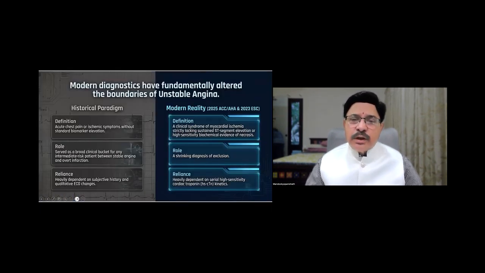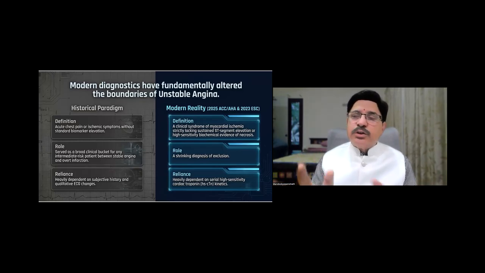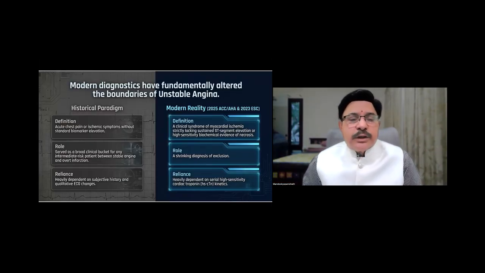Now, historically, I used to teach the same topic around 10 years back. Acute chest pain, ischemic symptoms will be there. There were no standard biomarkers around 15 years ago, and it served as a broad clinical basket or bucket. Every intermediary presentation which is not acute infarction, which is not angina, is dumped into that basket.